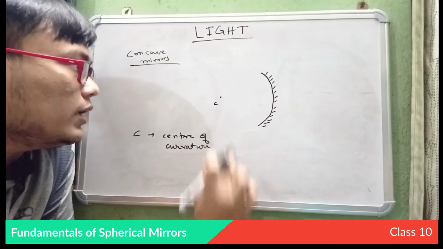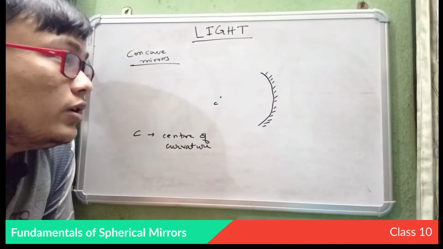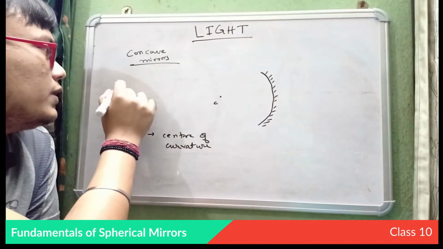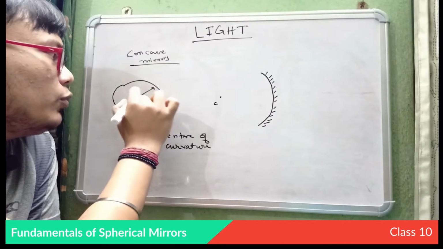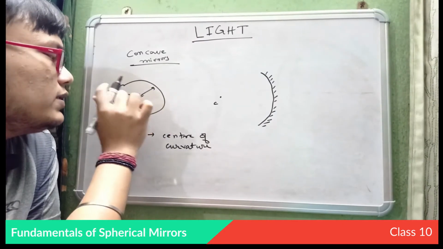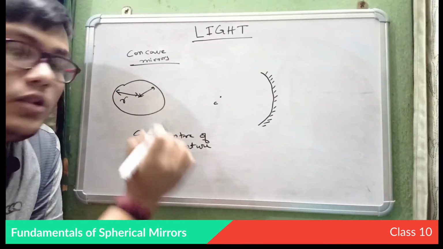Now the distance between the center and any point on the surface of the mirror, what should it be? If this is a sphere and this is the center, the distance between any point and the center should be the radius of the sphere, right?